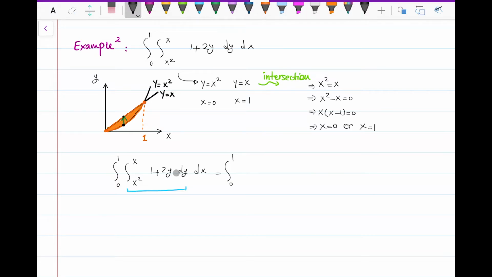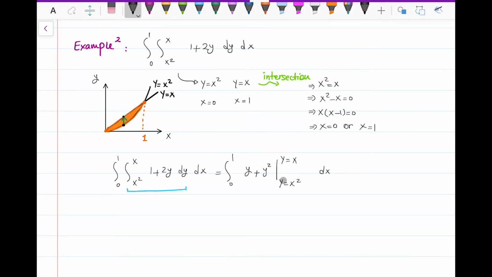And now with respect to y, I'm taking the integral. So the integral of 1 would be just y, plus the integral of 2y would be y squared, from y equals x squared to y equals x. And then don't forget the dx for the outer integral.